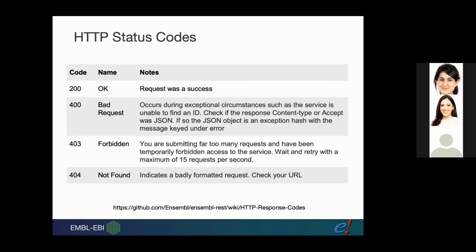We have a quota of the number of requests that you can make per second. If you exceed that, you might get blocked temporarily, and then you will get the 403 status code. 404 means that your request was badly formatted, so perhaps there was a typo in your URL.